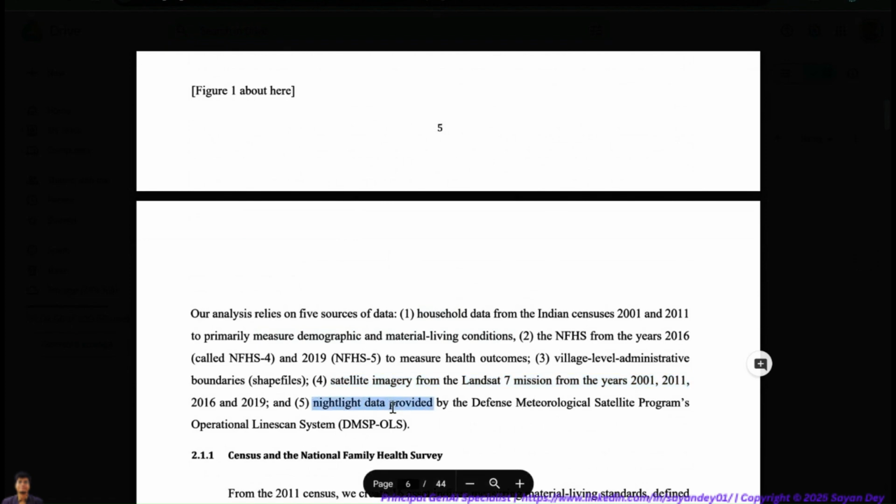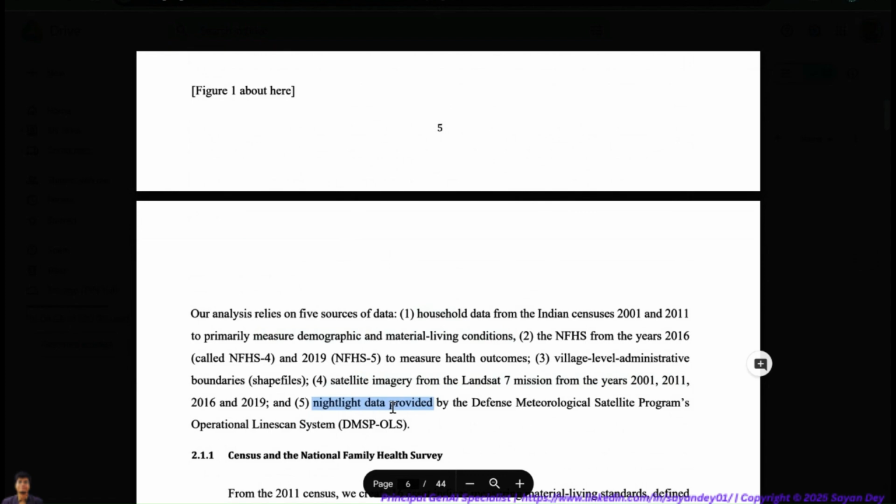Now, what is the importance of these two things? Well, nightlight data will tell me, let's say you're taking a picture of an area at night, if you're looking at a satellite image, like you would have seen some of those NASA images, no? Sometimes they come up with those beautiful pictures of the Earth, how it looks at night. And you will see that the major metro cities, if the area is more developed, like I'll take an example of Bangalore because that's what most people can relate to.